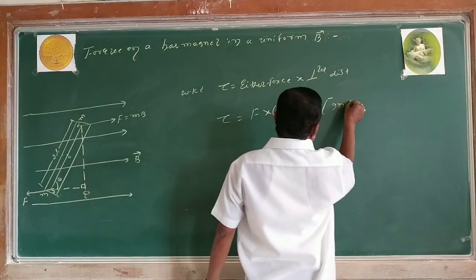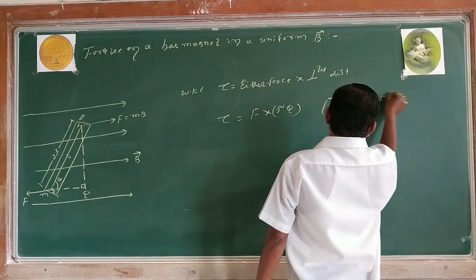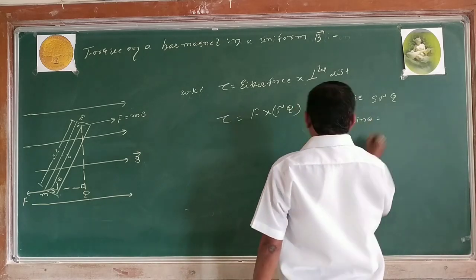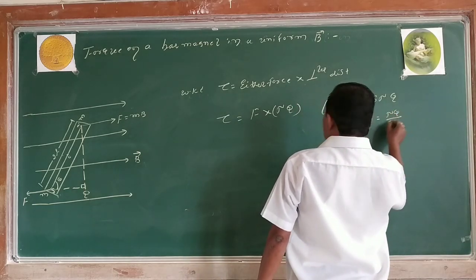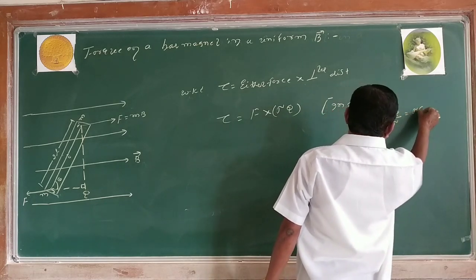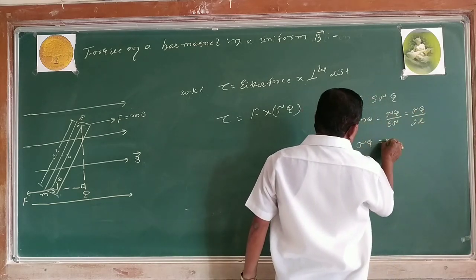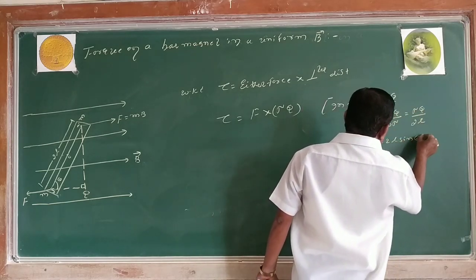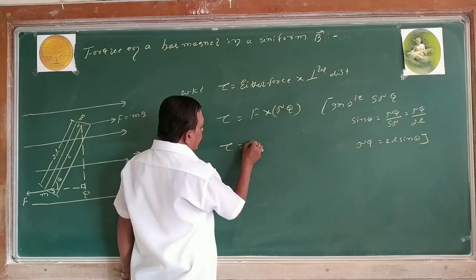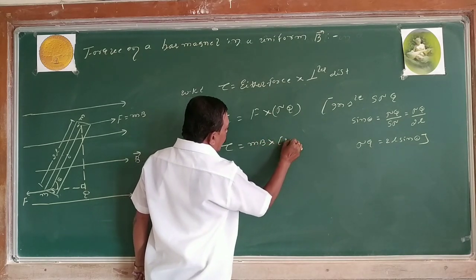In triangle SNQ, sin theta equals opposite side NQ by hypotenuse SN. SN is nothing but length 2L. NQ equals 2L sin theta. Is it clear? Torque tau equals F, that is m into B, into NQ, 2L sin theta.